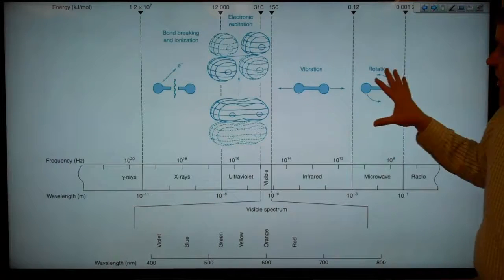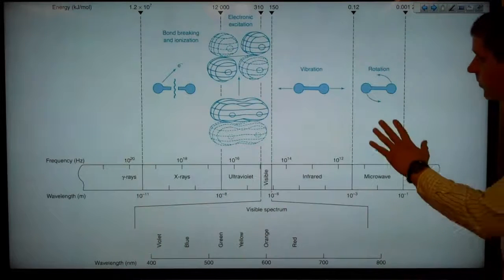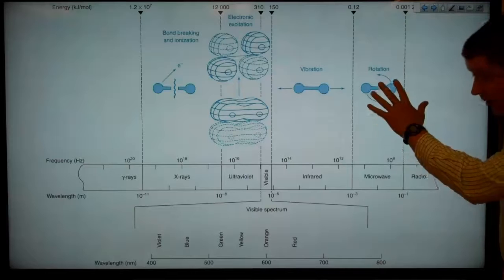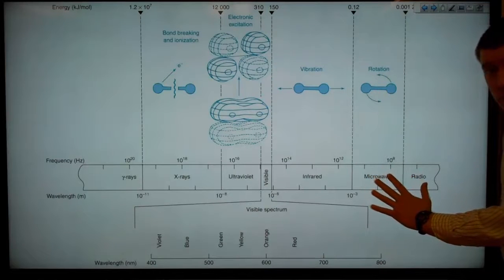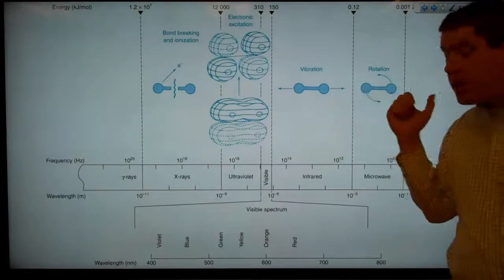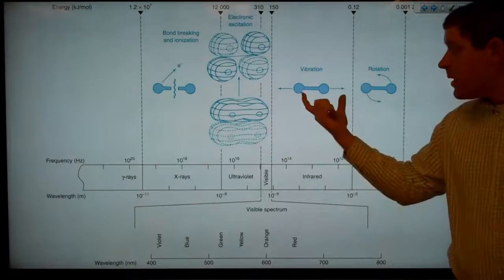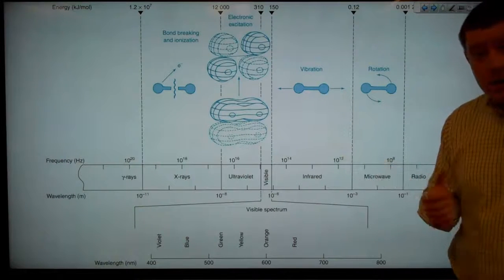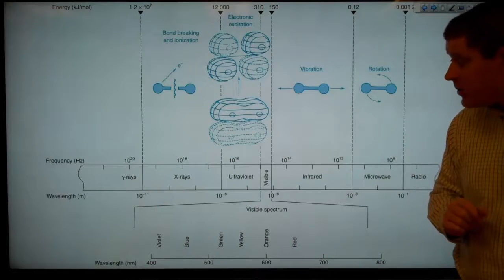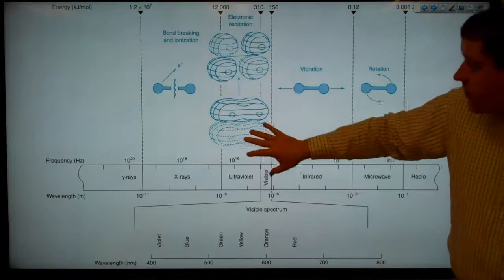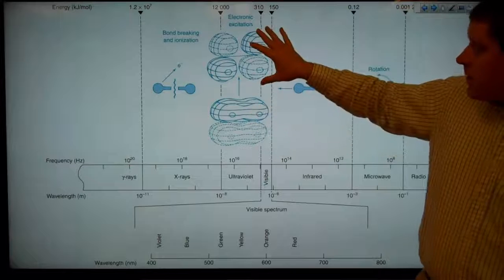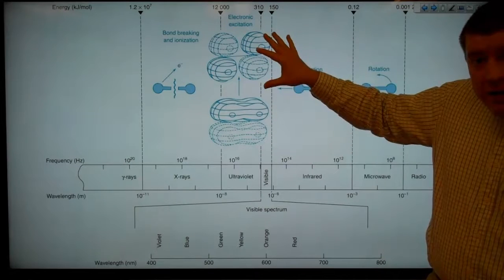And so then up here, we can see that over here we have rotation. So things like microwave radiation is stimulating rotational motion of our molecules. Infrared is stimulating, in general, vibrational motion of our molecules. The visible and ultraviolet are stimulating electronic transitions.